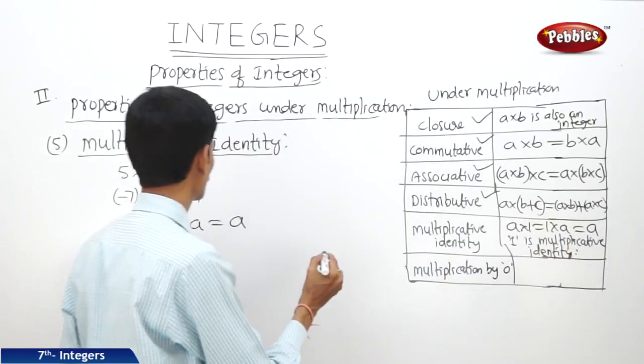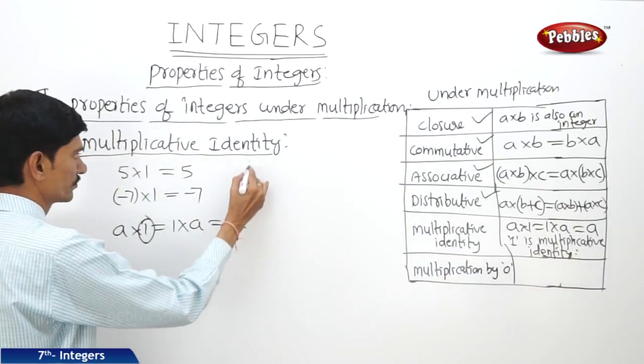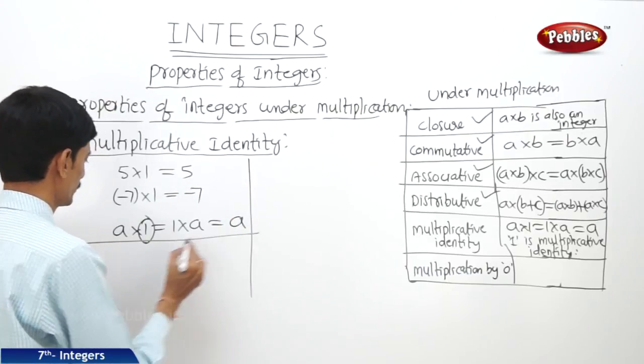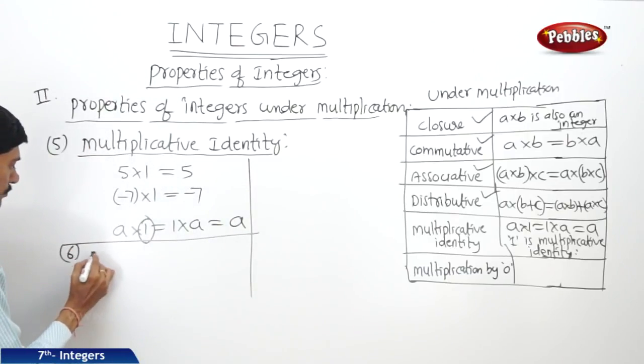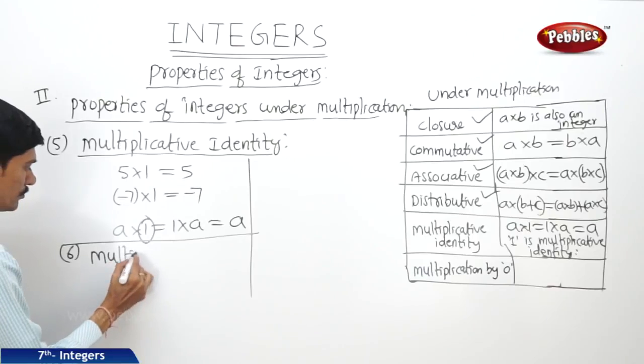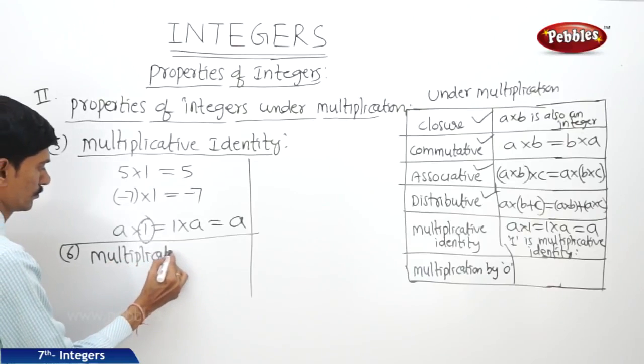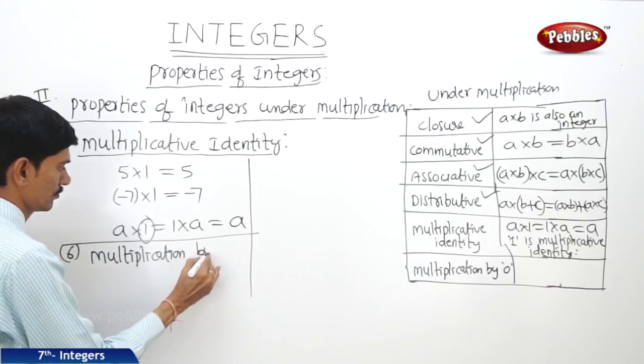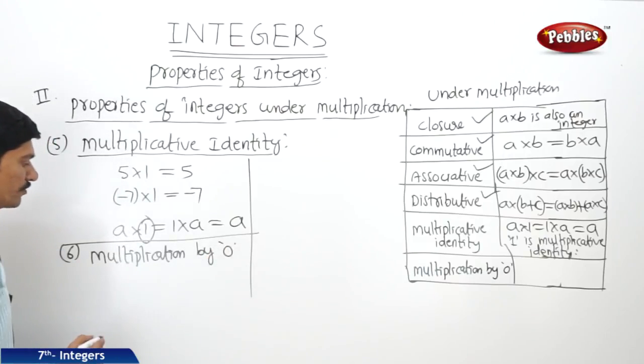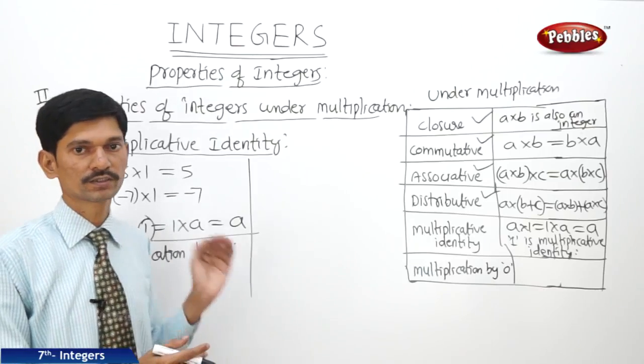Now next one is multiplication by 0. If you multiply any integer by 0, we get the product as 0 itself.